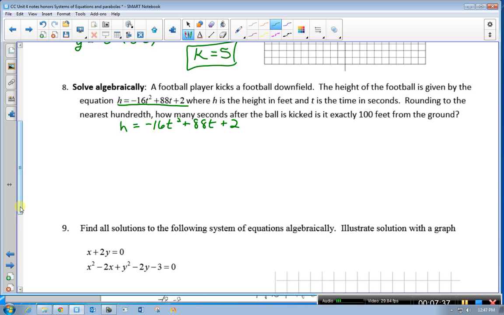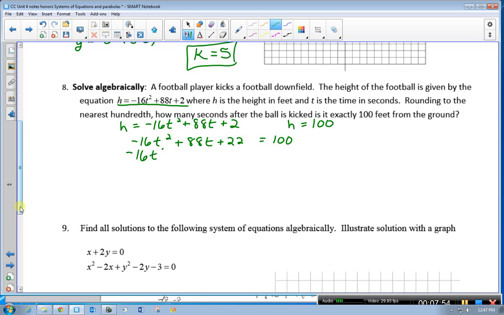When it is 100 feet from the ground, that means the height is equal to 100. So I substitute in, and I should set these equal to each other. So negative 16t squared plus 88t plus 22 equals 100.